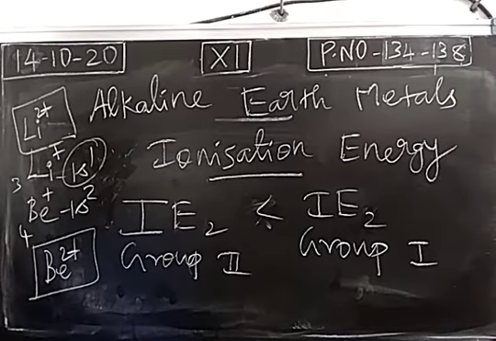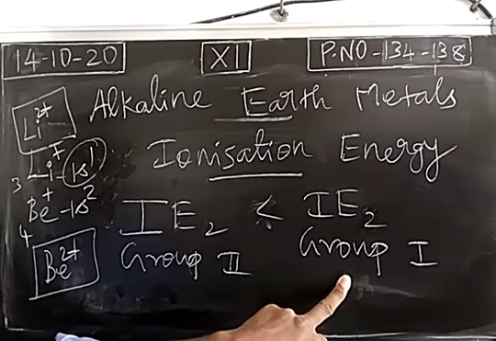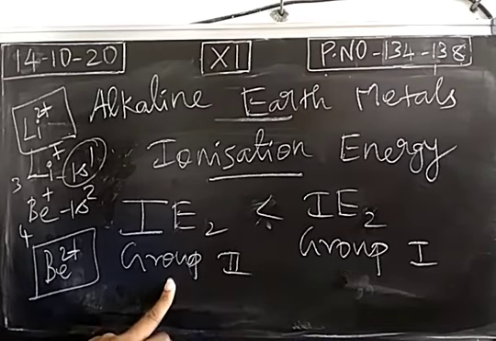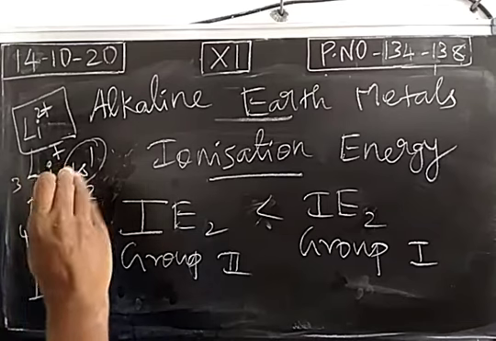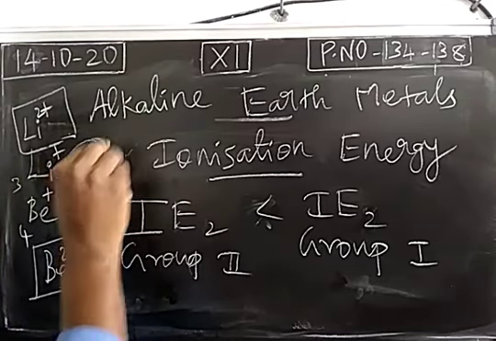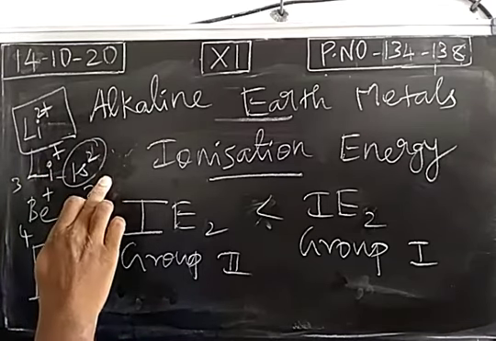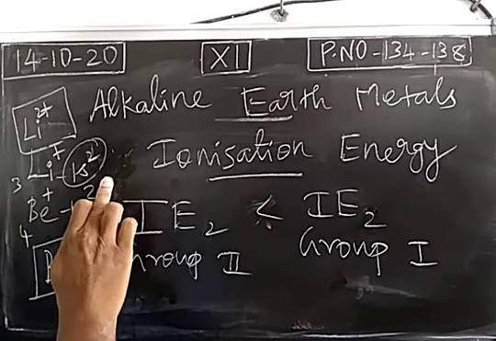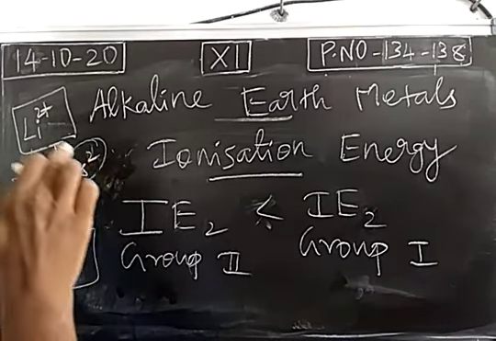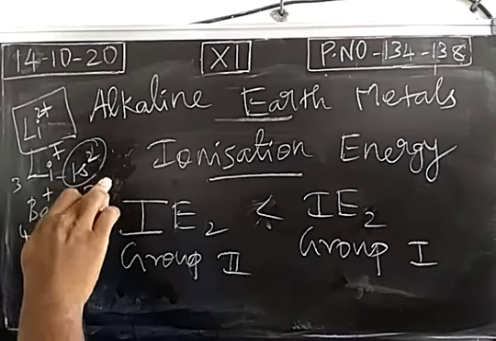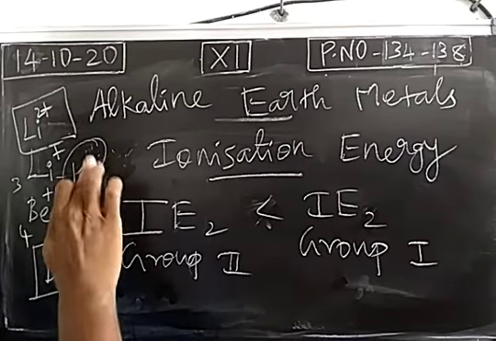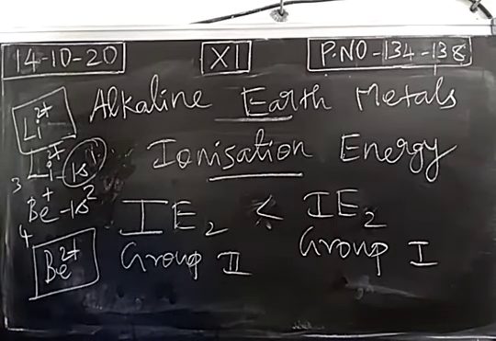So the second ionization energy of group 1 metal will always be more than group 2, because it already reaches the electronic configuration of noble gas, stable. From the stable electronic configuration, we are going to remove one more electron, which means we need more energy.